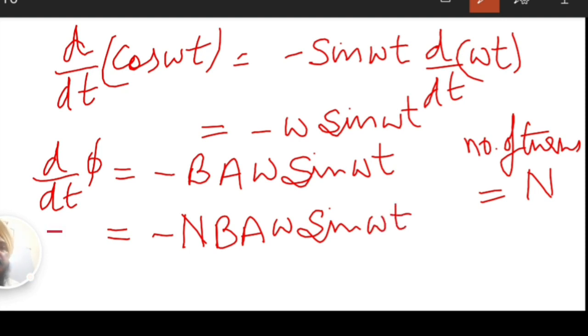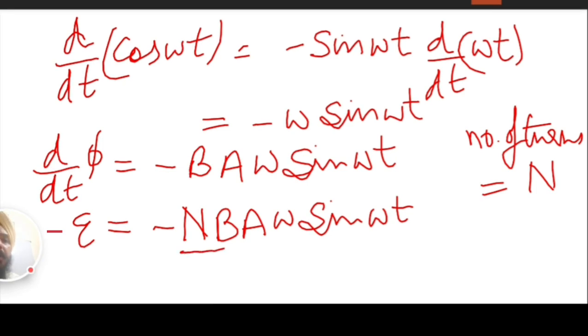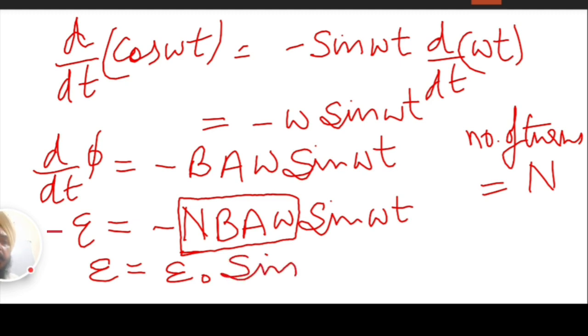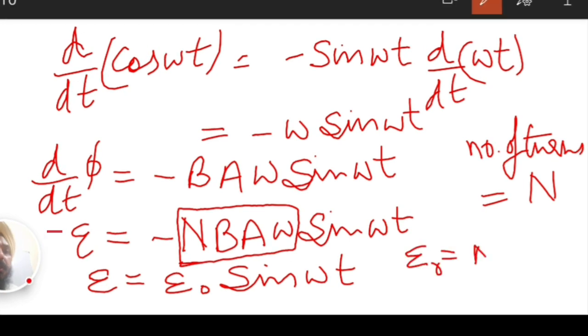Now this is nothing but our induced EMF E. NBA omega is the maximum value of induced EMF. So it can be written as E equal to E naught sin omega t, where E naught is NBA omega.